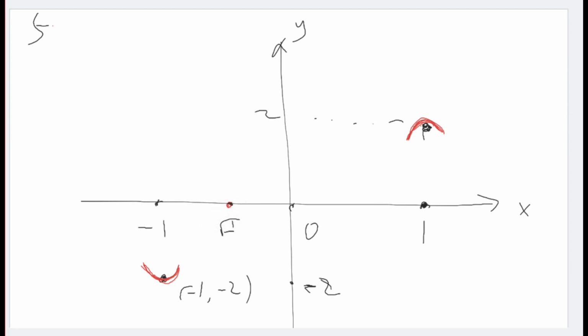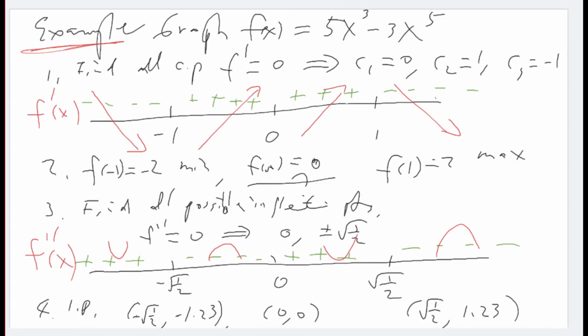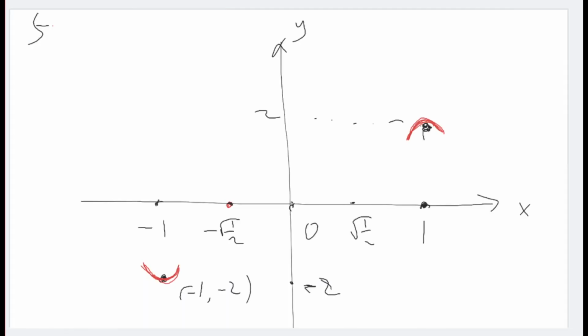Say -√(1/2), there is a +√(1/2), and there's 0, the same location, 0 there. So we expect an inflection point at these 3 locations, precisely at -0.5 with the y-coordinate -1.23. Let's mark it here.